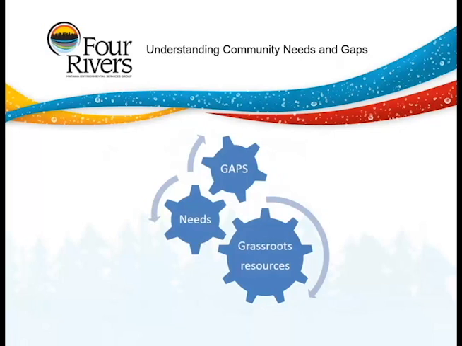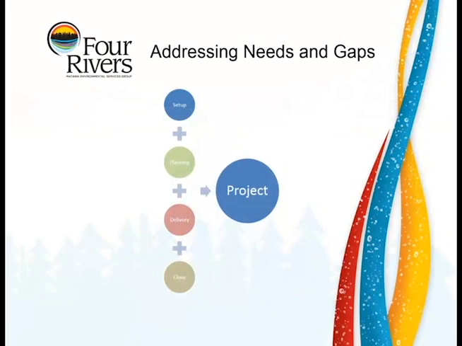So moving forward, addressing the needs and gaps and how we're going to get there. This diagram sets out the 4 pieces to the big project, and we're going to go through these pieces.